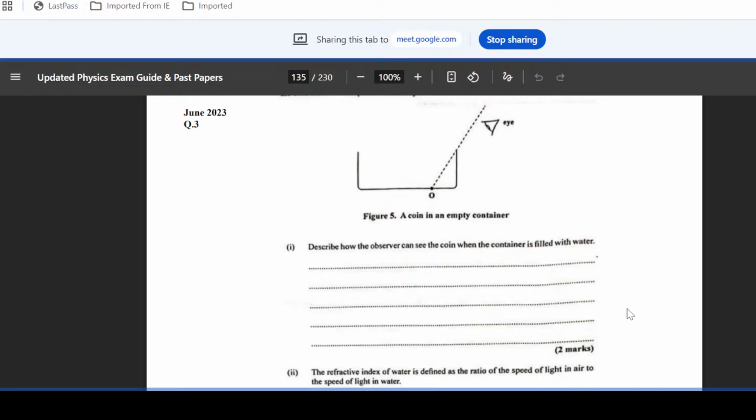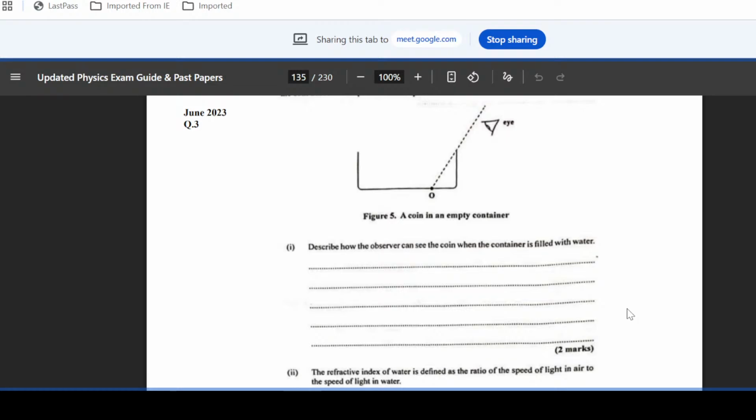I originally mentioned that when the light enters the water, because of the refractive index, the light ray hits and reflects off the coin and refracts out of the water and then into the eye, it would seem as if the coin has moved.